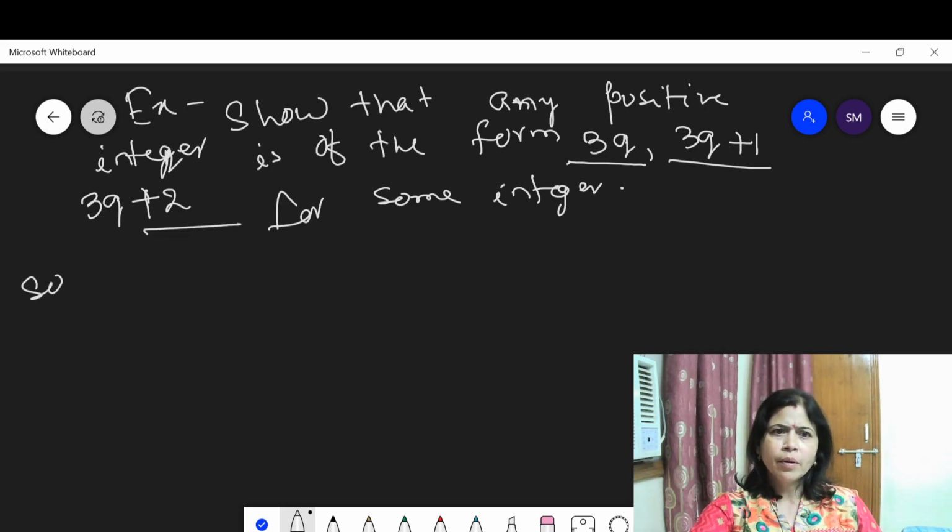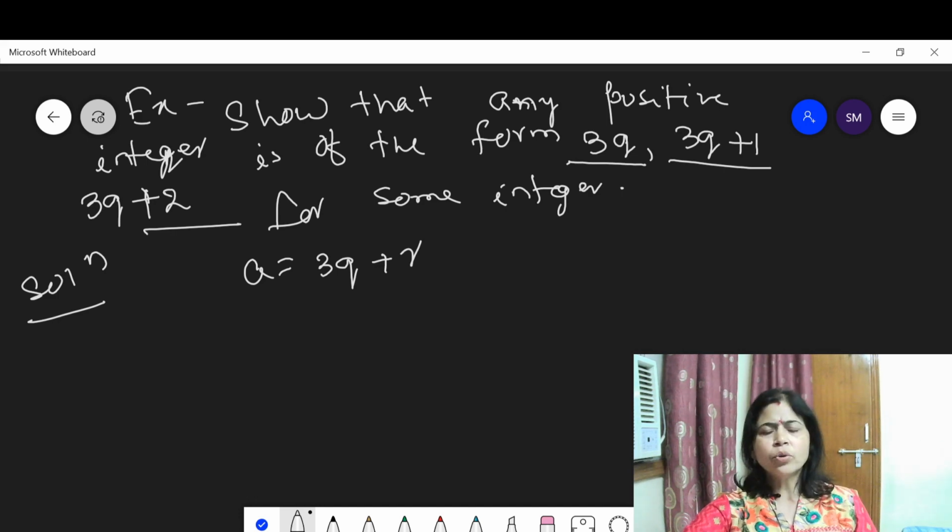Let us solve. Let A equal 3q plus r. According to Euclid's division lemma, any integer can be represented in the form A equals bq plus r, where b is the divisor. Here you take 3 as the divisor, then any positive integer can be in the form A equals 3q plus r, where q is the quotient and r is the remainder.